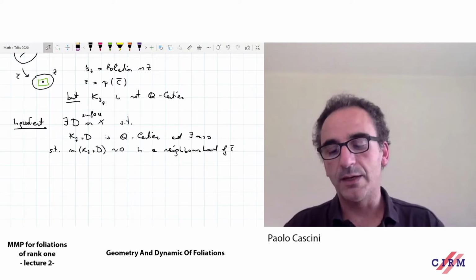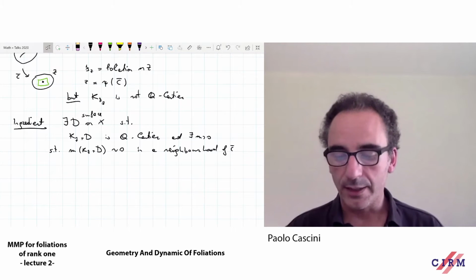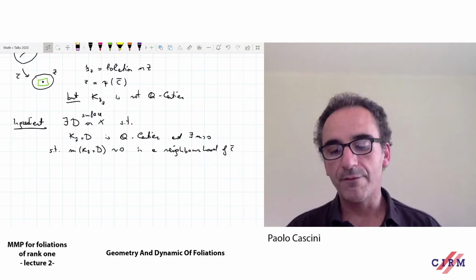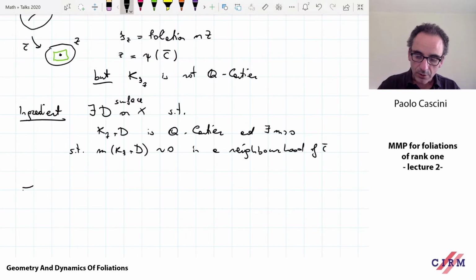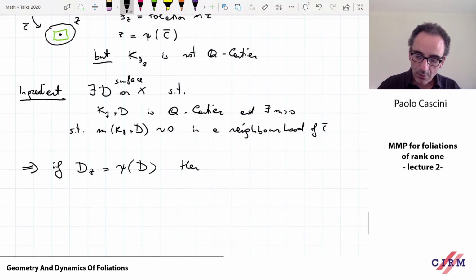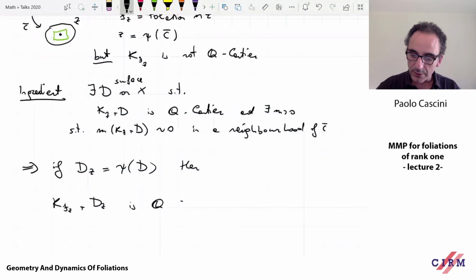So we can think of this to be a foliation with a singularity along D, so dimension 1 singularities. So if you force the foliation to have a divisor which is a singular locus for the foliation, then it's possible to descend it to Z. So there exists, if dz is the strict transform of D, or just the image, sorry, then what we have is that this is Q-Cartier on that.